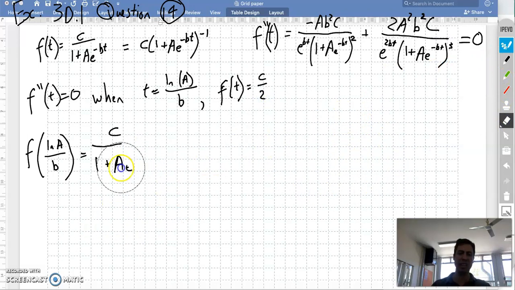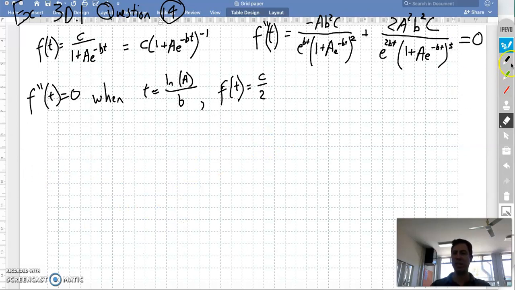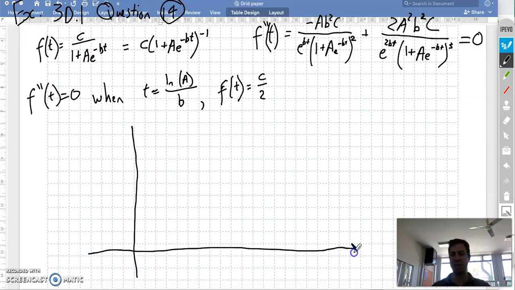I did show you a picture in the first video. Let's do it again. Let's start by drawing perfectly straight lines for the axes. Function here. You could write y there if you like, it doesn't matter. You could say y equals f of t. And that's fine. If you remember, where did we start? We found the y-intercept.